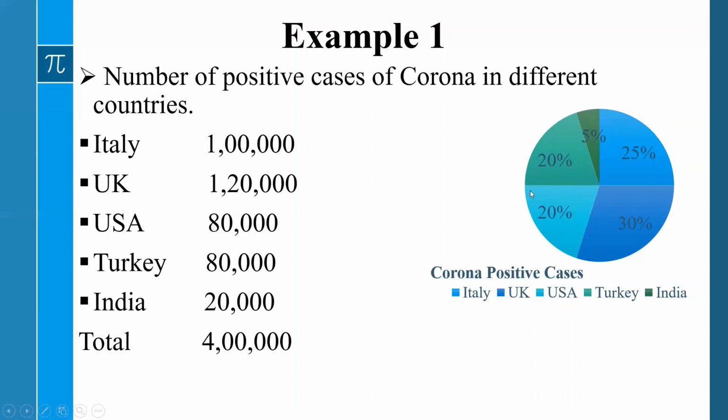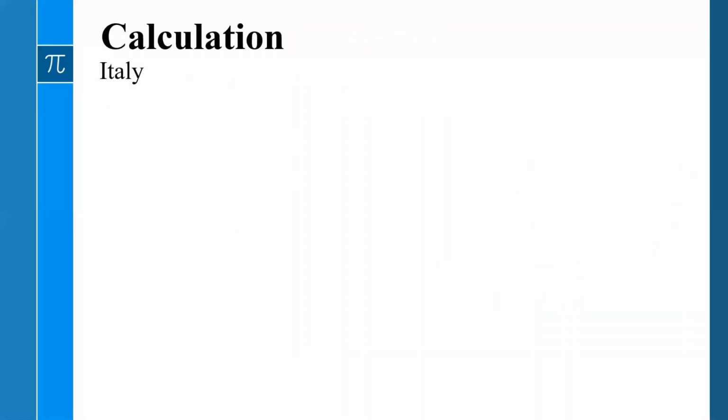So let's see how to calculate this data so that we can represent it in a pie chart. For that, we need to carry out some calculation that I am going to show over here for one country, that is Italy. Number of positive cases are 1 lakh.